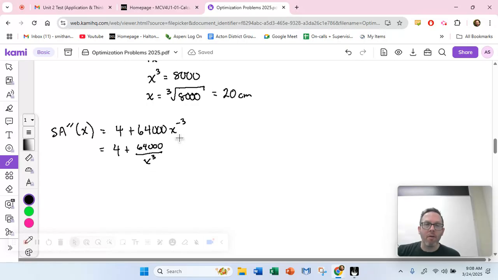Now, if we think about the second derivative, x is always positive, right? This function is always going to be greater than 0. 4 is always bigger than 0. x is always bigger than 0. 64,000 is always bigger than 0. Are you guys convinced it's always bigger than 0? What does that mean? It means it's concave up.